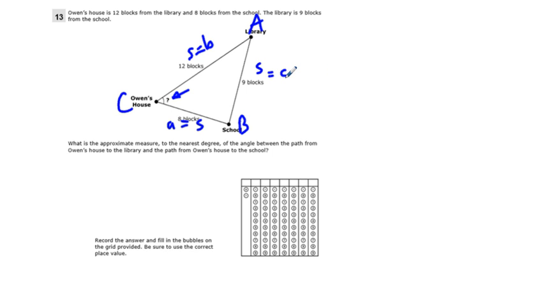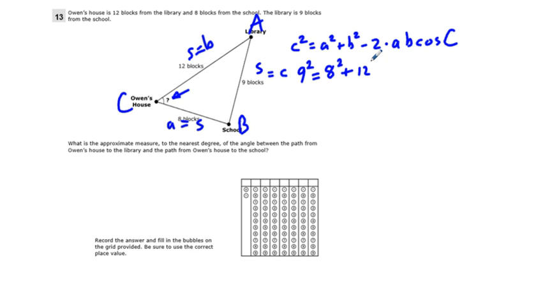That's going to be c squared equals a squared plus b squared minus 2 times a times b times cosine of big angle C. In this case, we know everything except the big angle C. So we go 9 squared is equal to 8 squared plus 12 squared minus 2 times 8 times 12 times cosine of this angle C that we do not know.